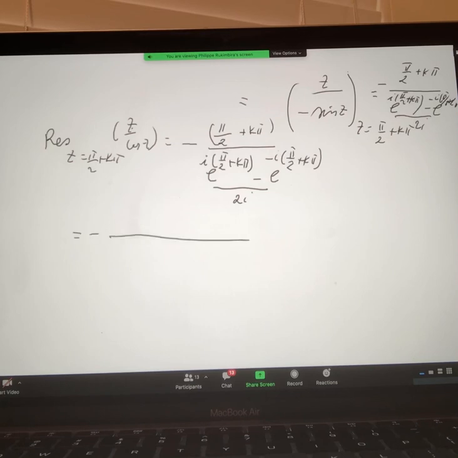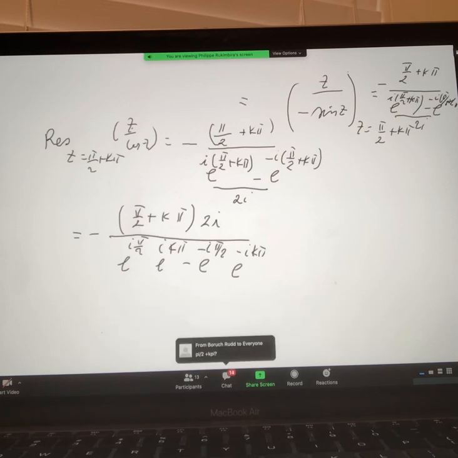So I keep the negative here. And I have also a 2i, flip. e to the i pi half, e to the i k pi.